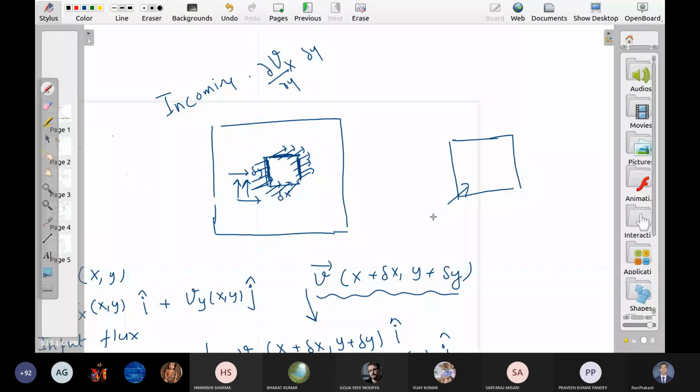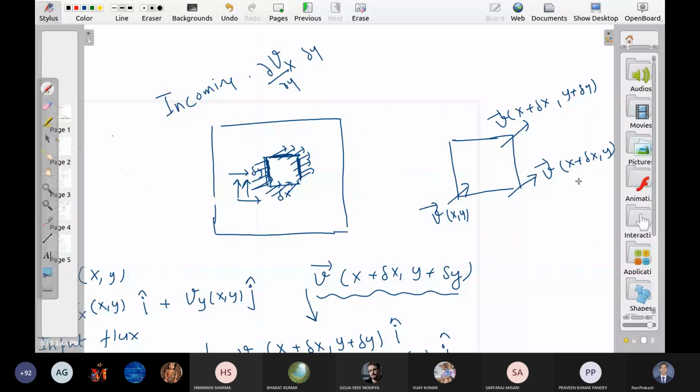It is Vxy. And this is V x plus delta x, y plus delta y. This is V x plus delta x and y. So what is the flux that is getting out from this side?